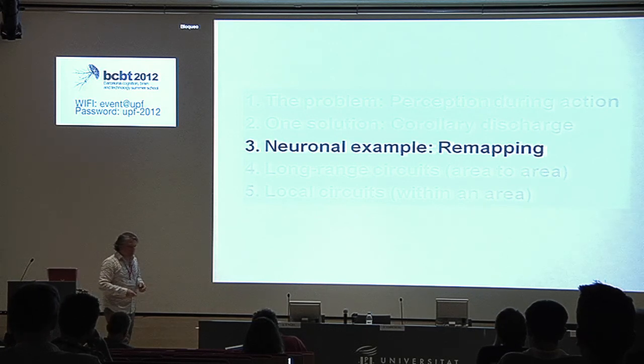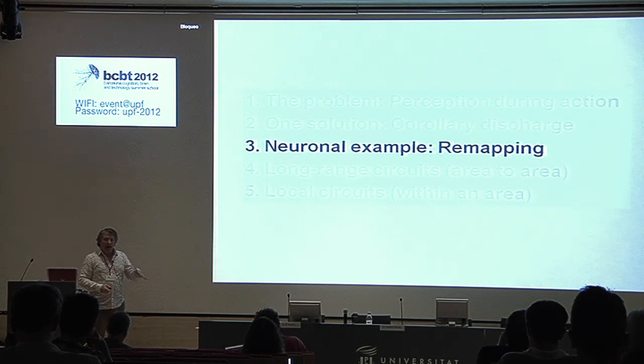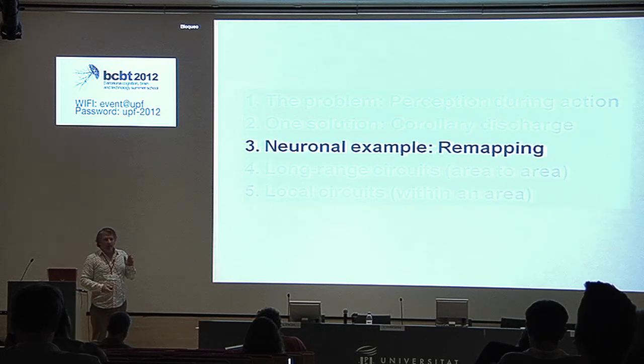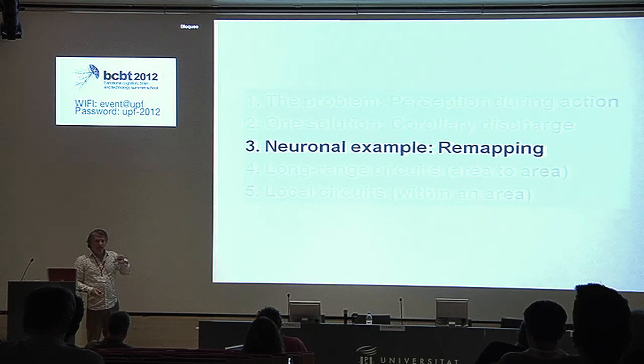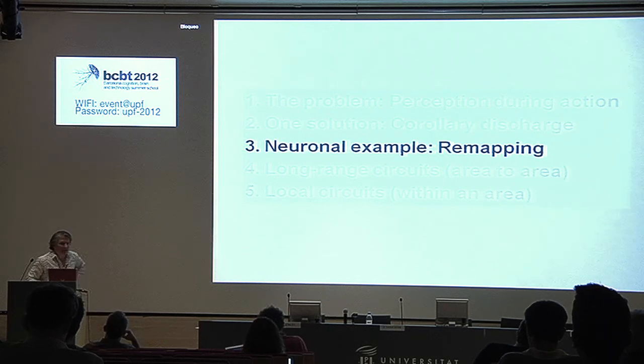We approached this problem in 2 ways, both using essentially the same methods of inactivating the pathway. In the first series of studies, which I'm not going to talk about today, a Science paper in 2001, we inactivated the pathway and tested whether monkeys could make double-step saccades. The second step of a double-step saccade paradigm requires corollary discharge of the first step. I won't go into that in detail, but if you're interested, look at that Science paper.